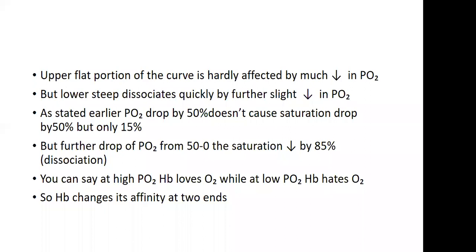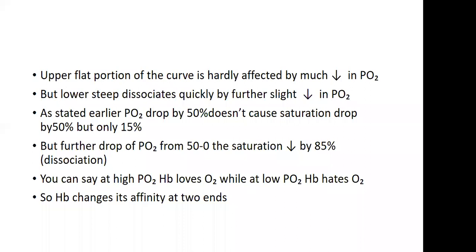Now, as I stated earlier as well, you can say that at high PO2, as you find in the pulmonary area, alveolar area, hemoglobin loves oxygen, while at low PO2, as in the tissues, it hates oxygen. That's why it dissociates it and delivers it to the tissue.